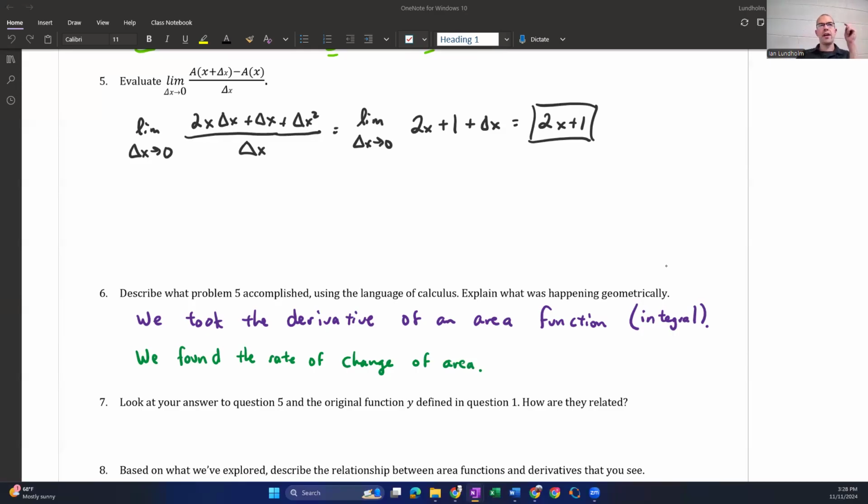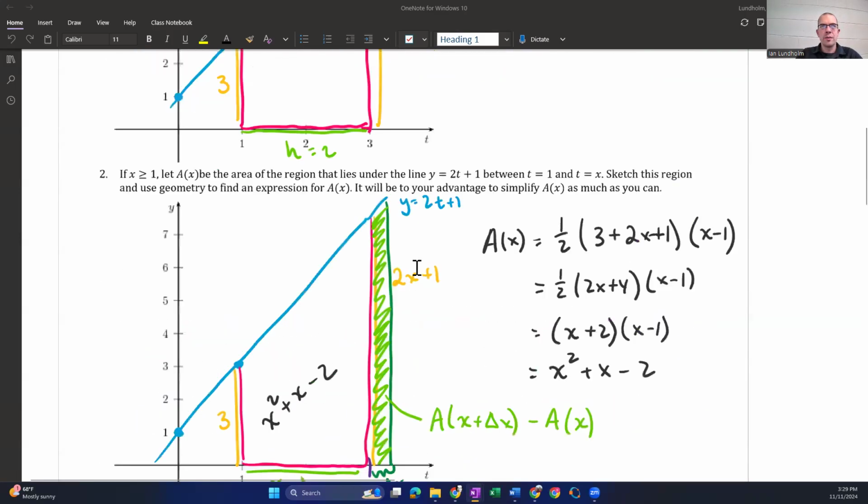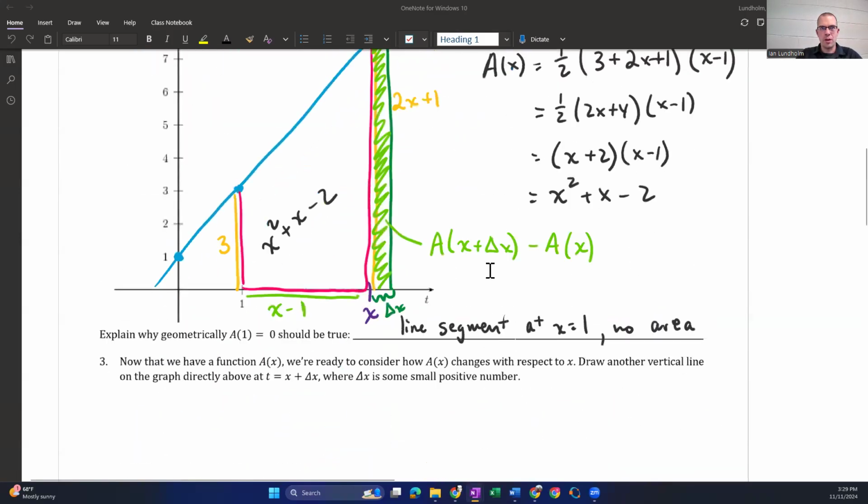And then if we look at our solution here to number 5 and the original function and ask how are they related, check this out. The function that we got here from number 5 is 2x plus 1, and the one that we had originally was this function y equals 2t plus 1.